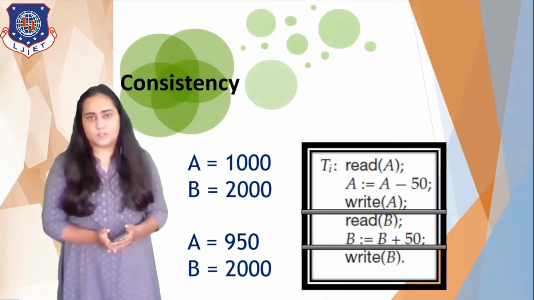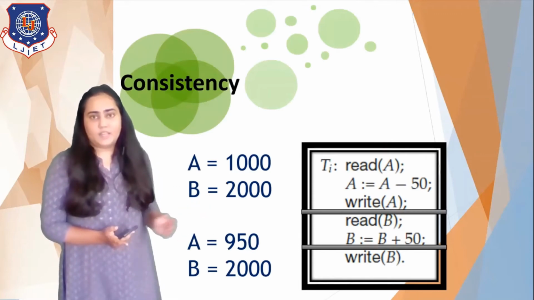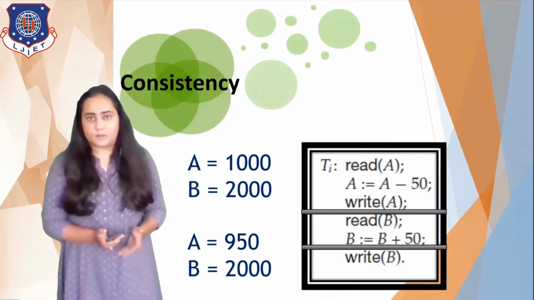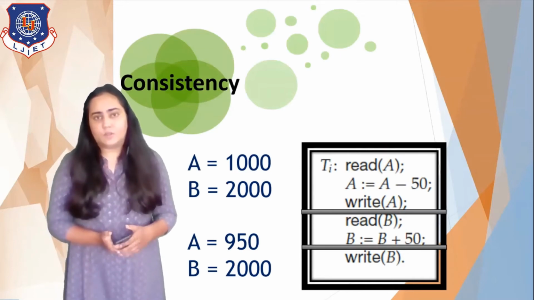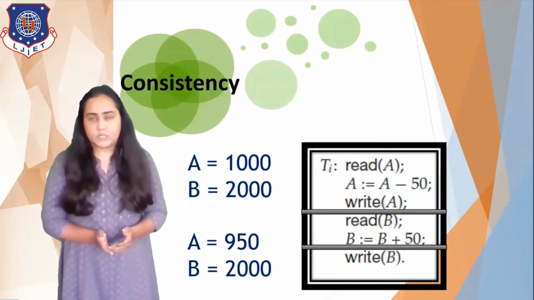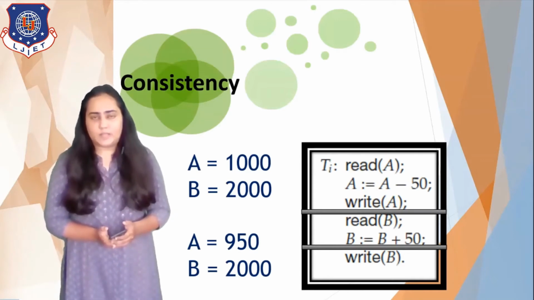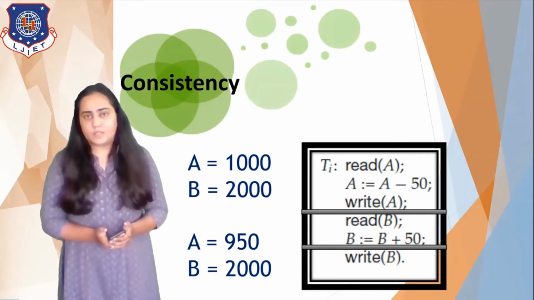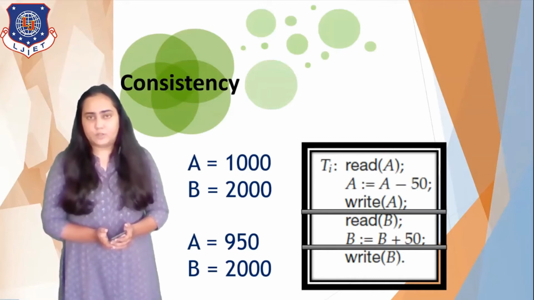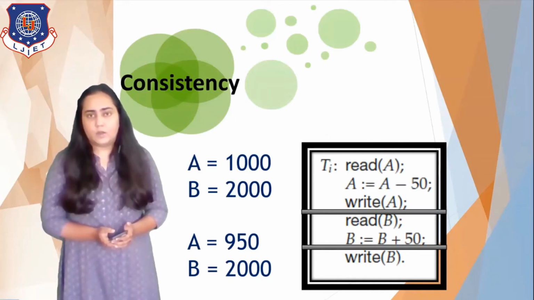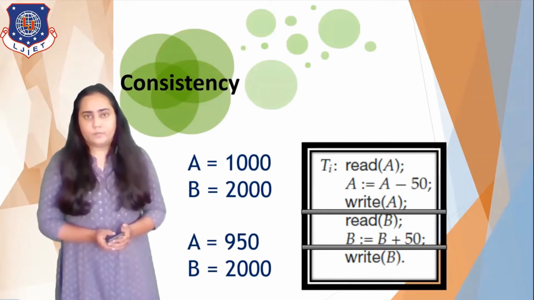In the first case, it is 3000, and in the second case, it is 2950, which is 50 less, which means somebody lost some money. So this is the case of incorrect data in the database. And to prevent this, of course, you need to follow atomicity and you need to take care of concurrent transactions, which, as I mentioned, we are going to see in one of the later videos.